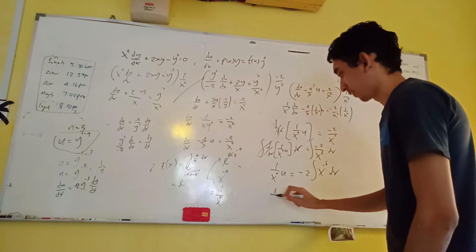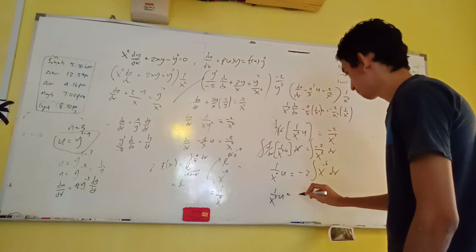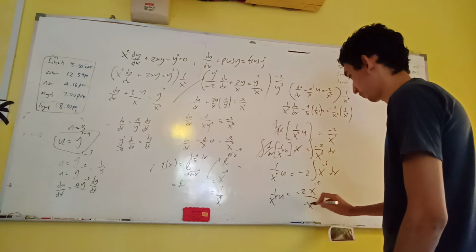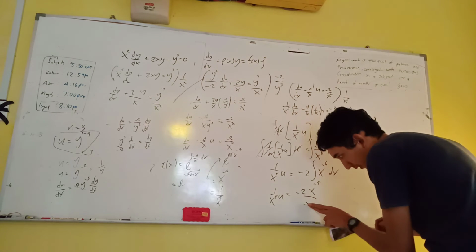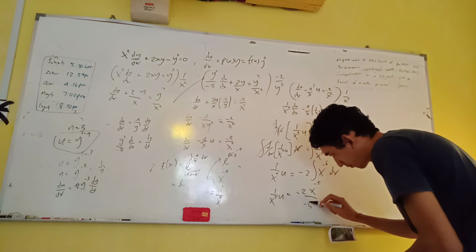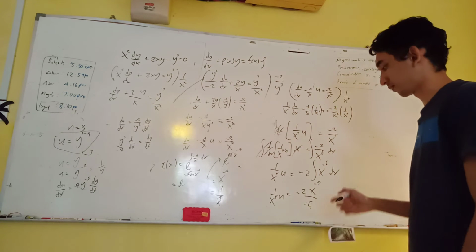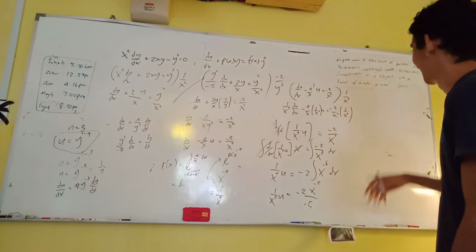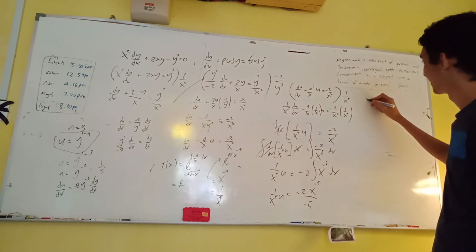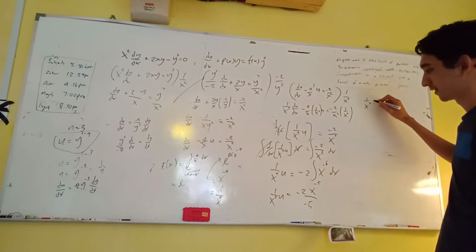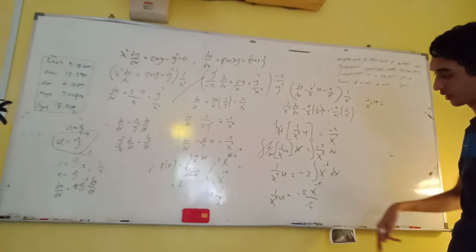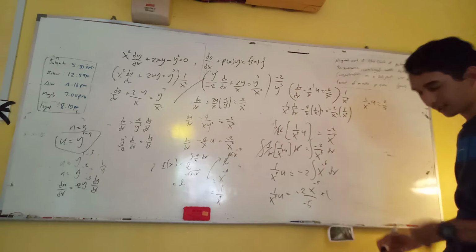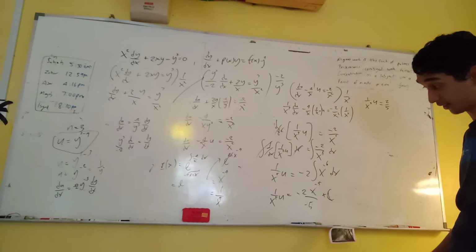So this will give us negative 2 times x to the negative 5 over negative 5. I want to write 5, but I was thinking about x, so I wrote the x. There is a mistake. So negative 2 over negative 5 is 2 over 5. Oh yeah, when we integrate we need to add the constant of integration, which is c.